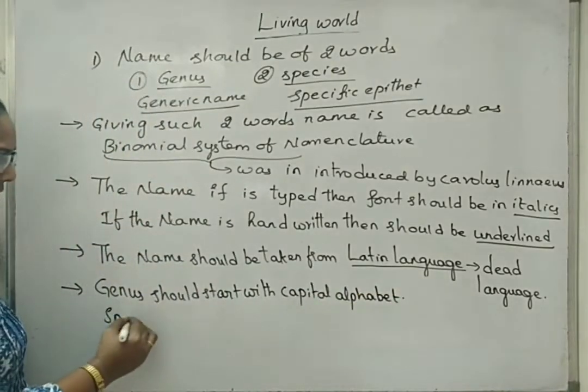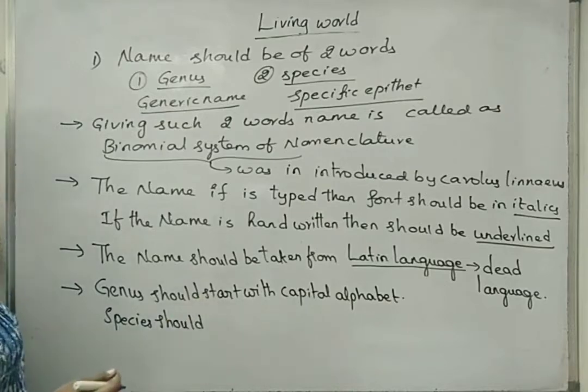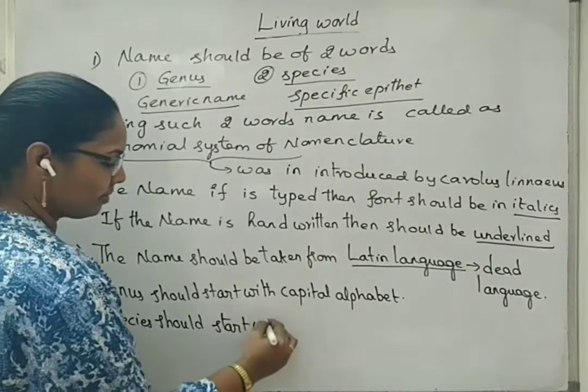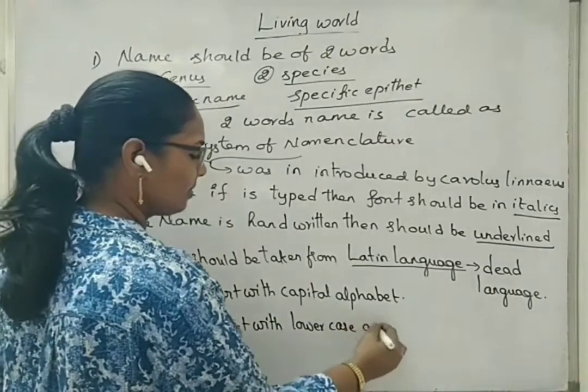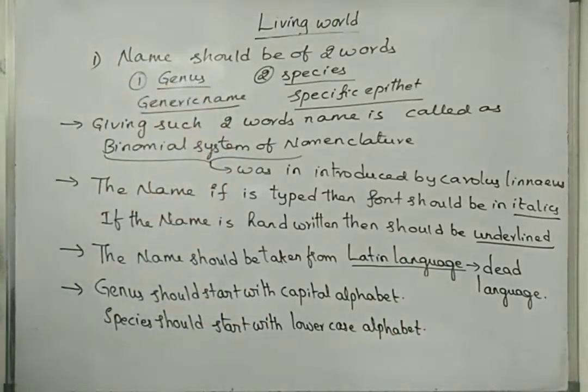Species name or specific epithet should start with a small alphabet or lowercase alphabet. Name should have more than 3 alphabets and less than 20 alphabets.